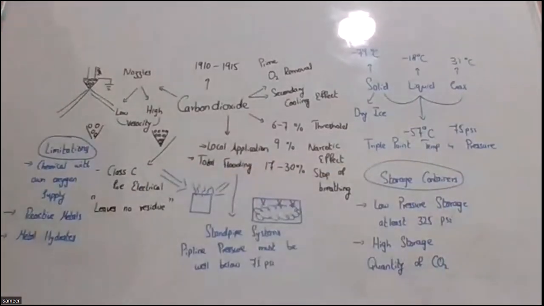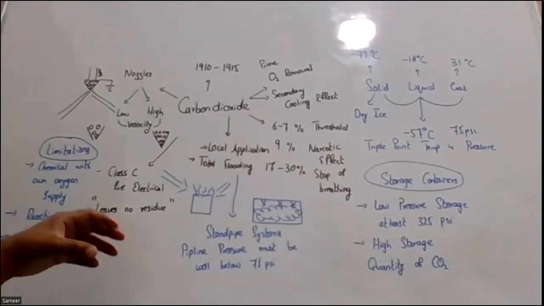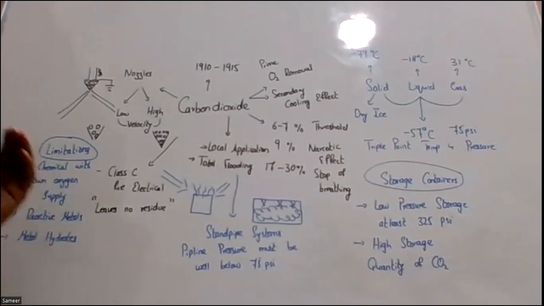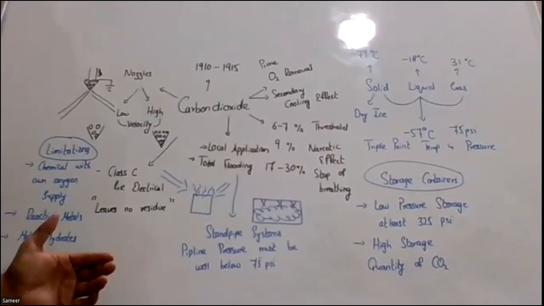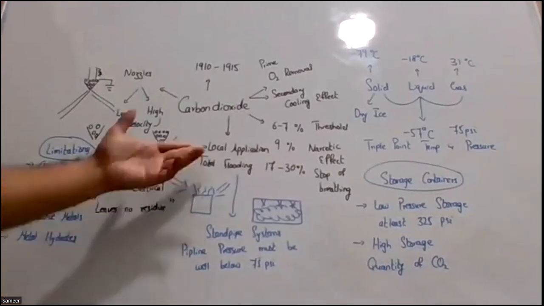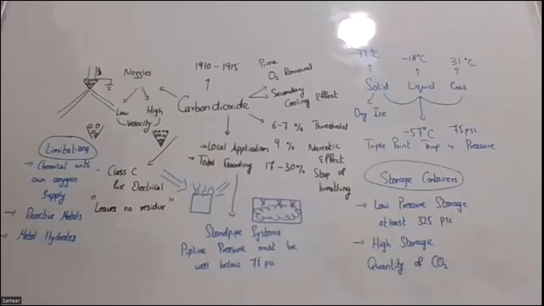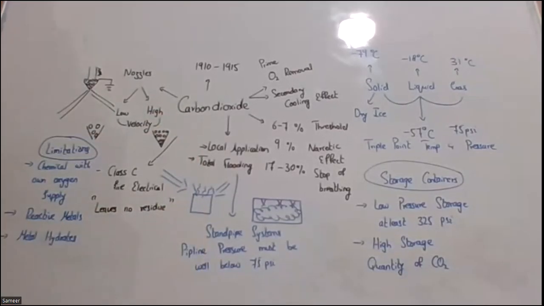It means the carbon dioxide will form into a solid within the piping, which will block the orifices. It will convert to dry ice within the piping. It will block the orifices and nozzles, with no carbon dioxide flowing, and it will also damage the piping. So whenever a standpipe system of local application or total flooding is being designed, the pipeline pressure must be kept well below 75 psi. Exactly. So we have to make sure that for any type of piping, the pressure is well below 75 psi.